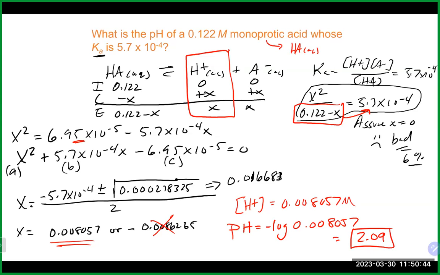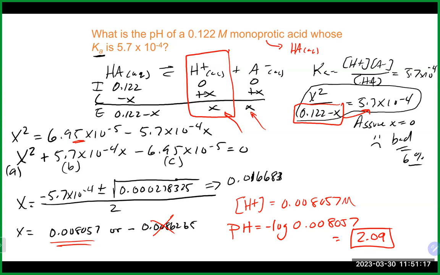Right, because the other value gave us a negative value and clearly cannot have a negative concentration, right? And since both of those equal X, that would give you a negative concentration, which is not so good. And that's the nice thing if you do get a positive and negative number, and one of the equilibrium lines is just X, then clearly that eliminates the negative number as being possible.